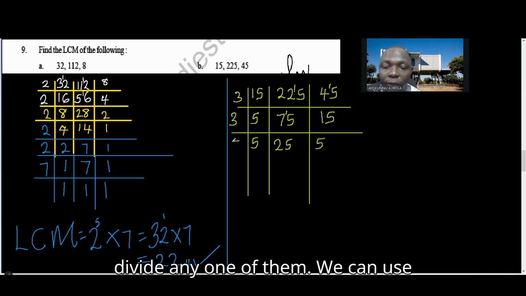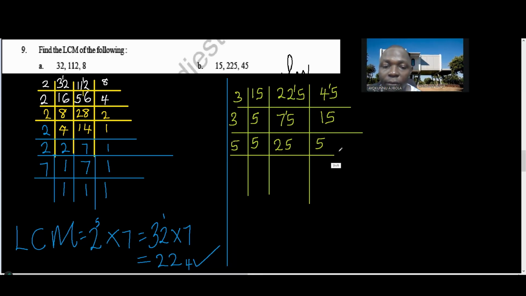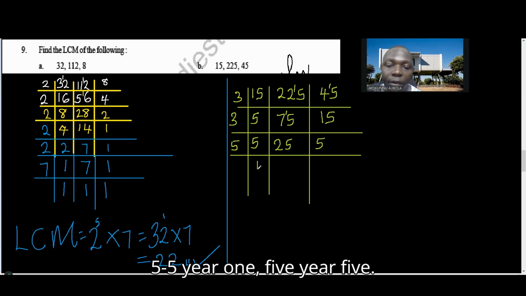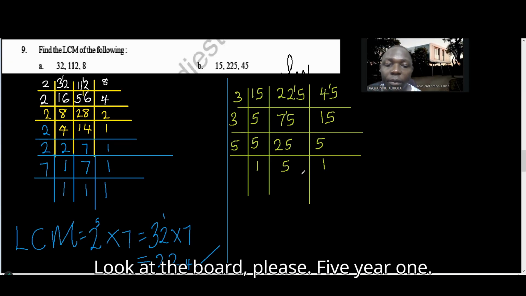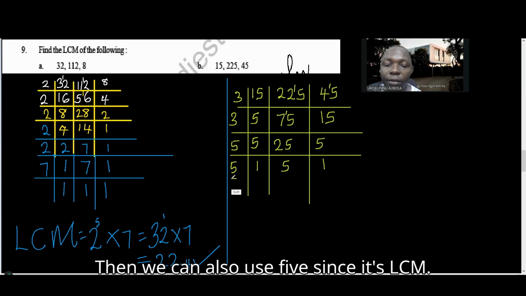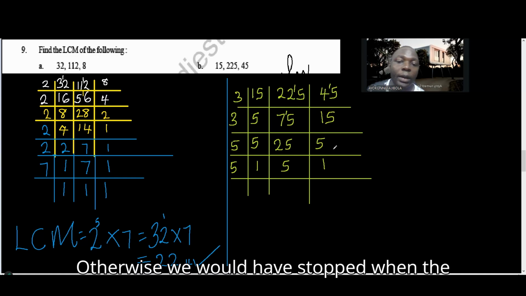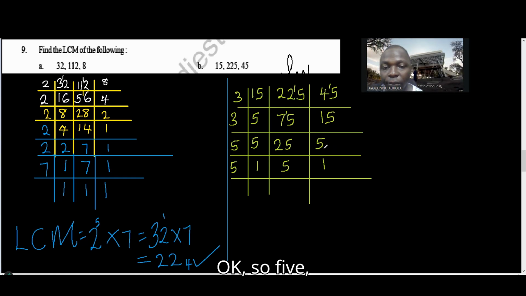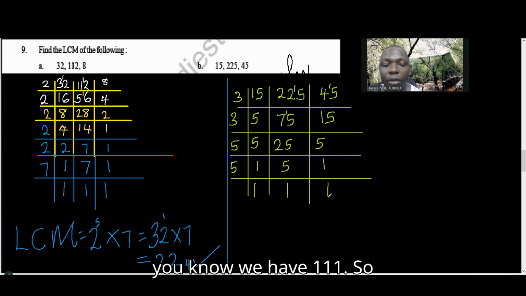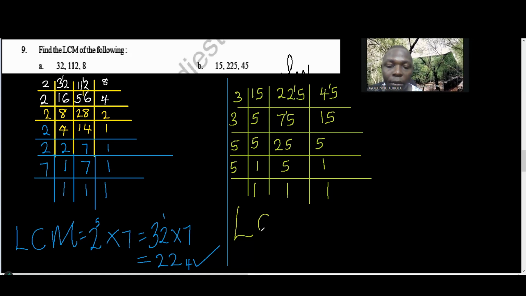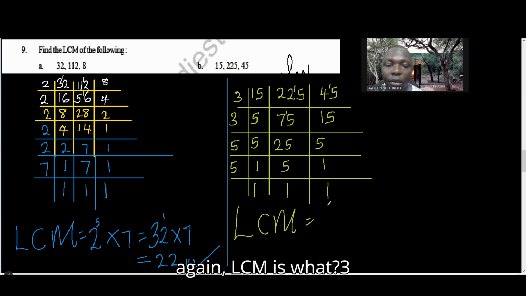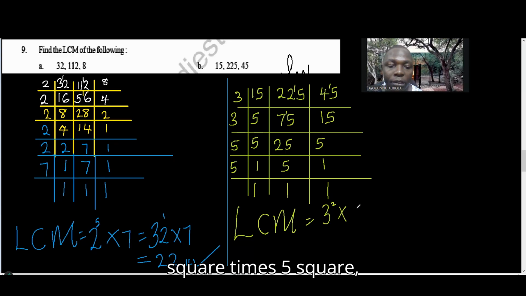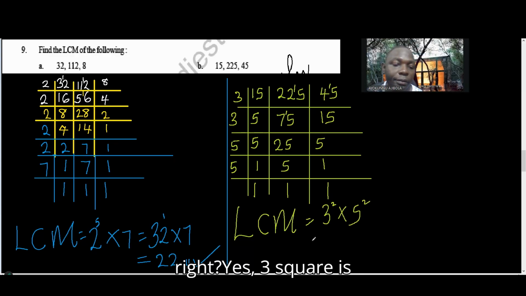Now 3 cannot divide any one of them. We can use 5. 5 here, 1. 5 here, 5. Look at the board, please. 5 here, 1. Then we can also use 5 since it's LCM. Otherwise, we would have stopped when the 3 could not divide them again, okay? So 5, we have 1, 1, 1. So again, LCM is what? 3 squared times 5 squared, right?